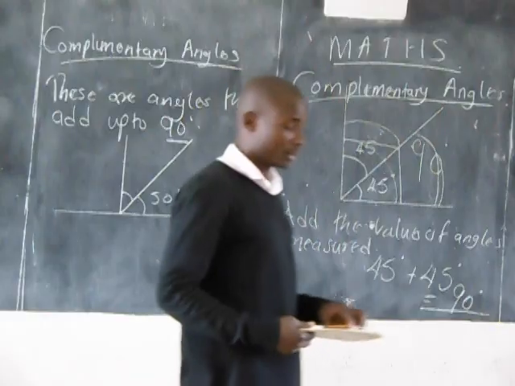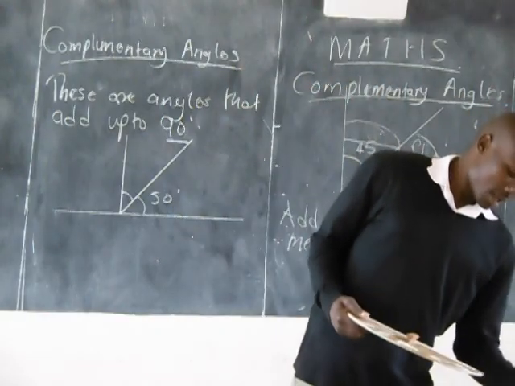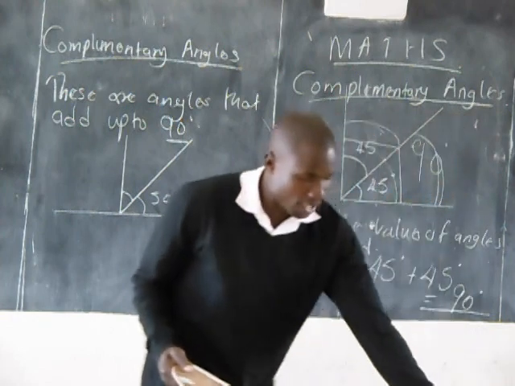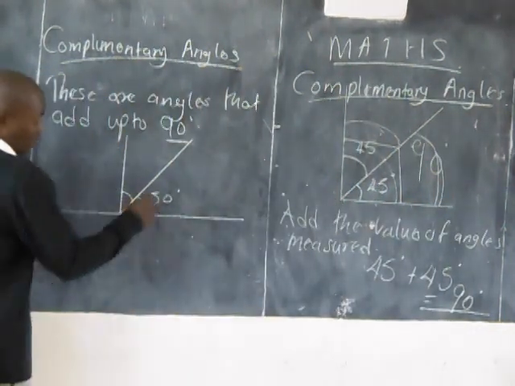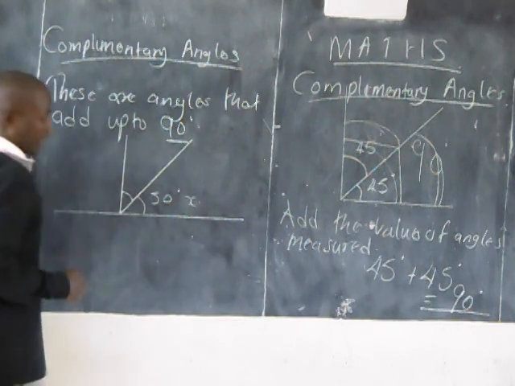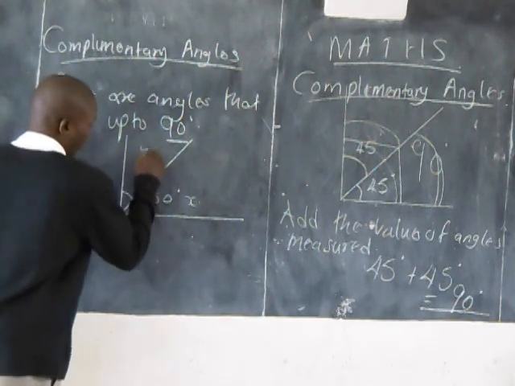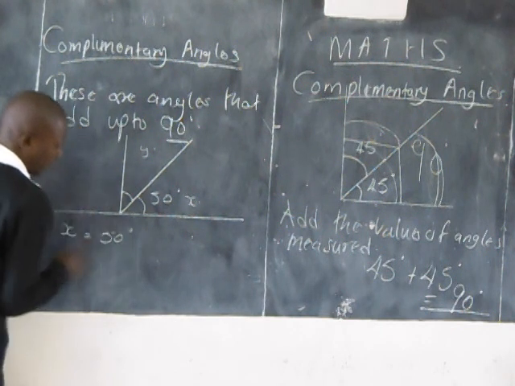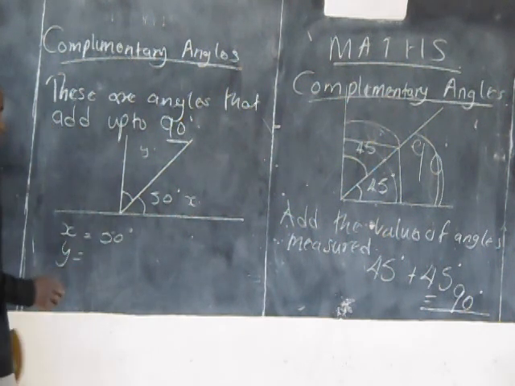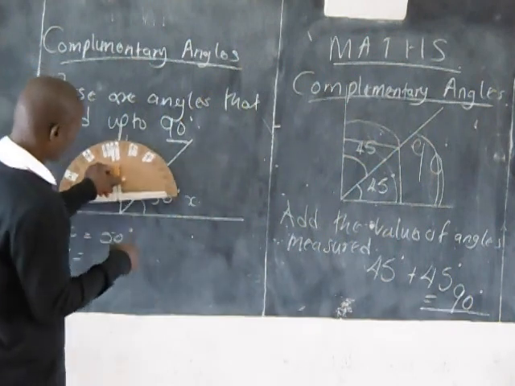Now, plus, I have to measure also the other one. This angle here, because this one, let us give it angle X, and this is angle Y. Therefore, now we have X to be 50 degrees. Y to be what? Let us measure.